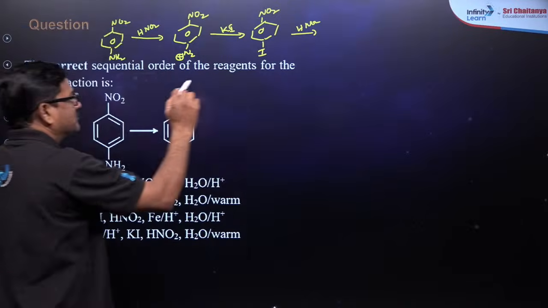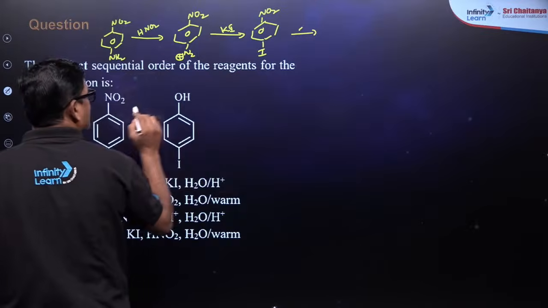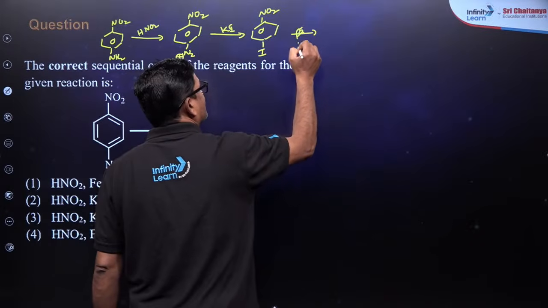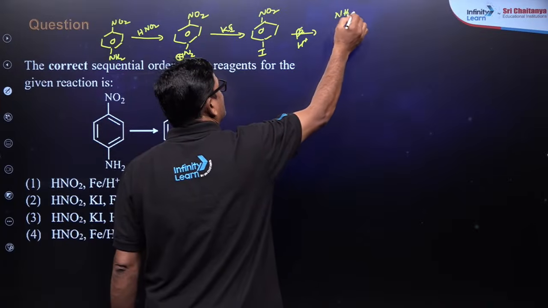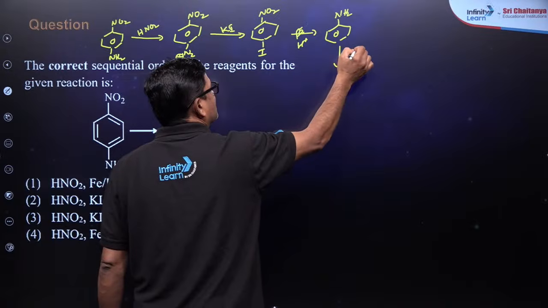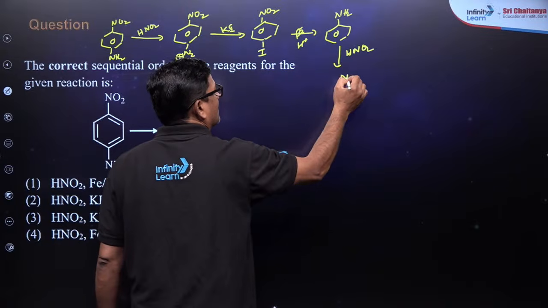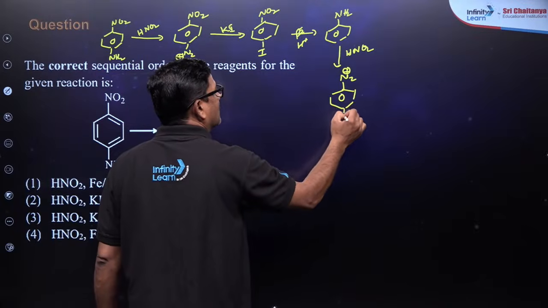The nitro group is going to be reduced to NH2. Again it is treated with HNO2, a diazo compound is going to be formed. Already iodine is there.